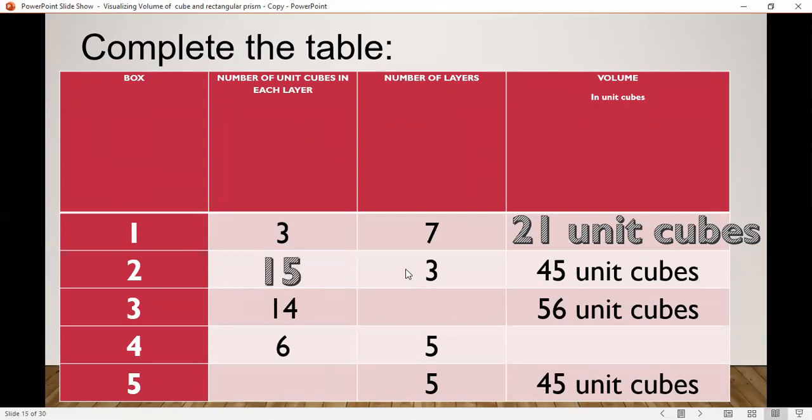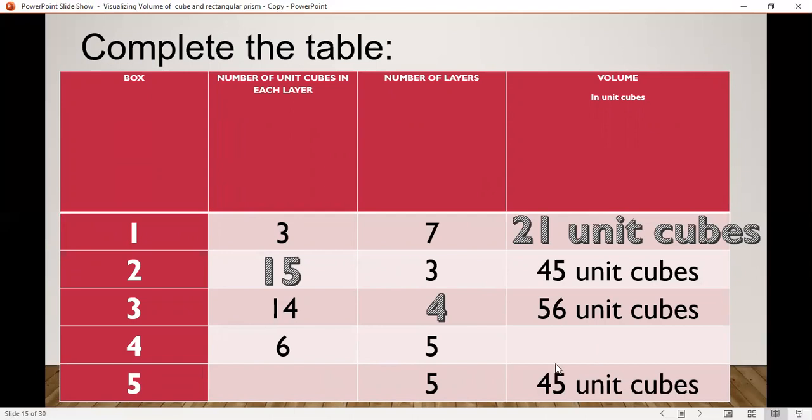Number 3, given number of unit cubes in each layer and the volume. To get the number of layers, divide the volume by the number of unit cubes in each layer. So 56 divided by 14 equals 4. Number 4, given number of unit cubes in each layer and number of layers.